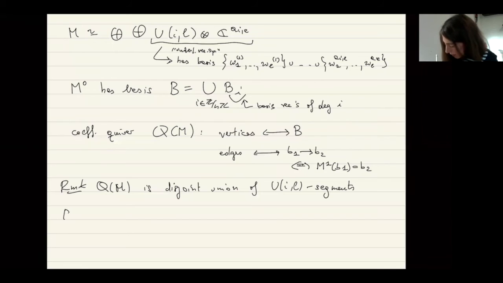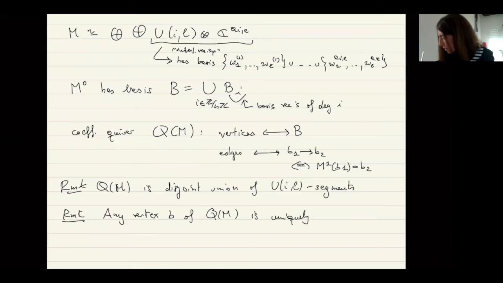Now another remark is that any vertex of Q_M, or equivalently any basis vector, so let me write it in terms of vertices, any vertex B, because it's an element of the basis of Q_M, is uniquely identified by two numbers.